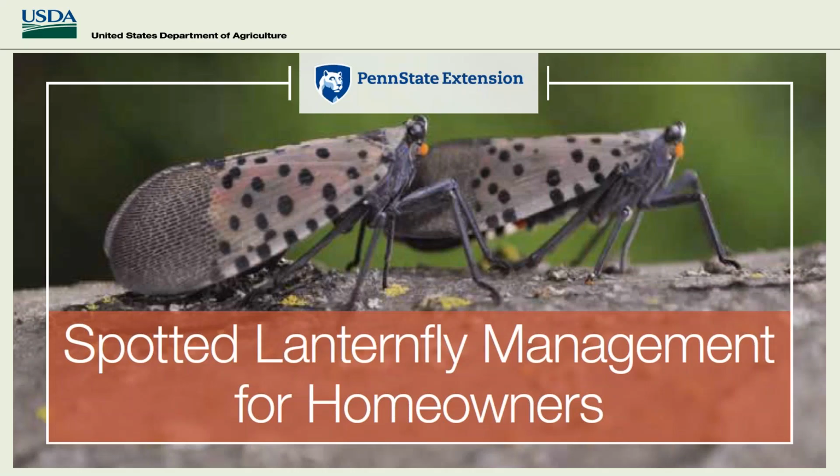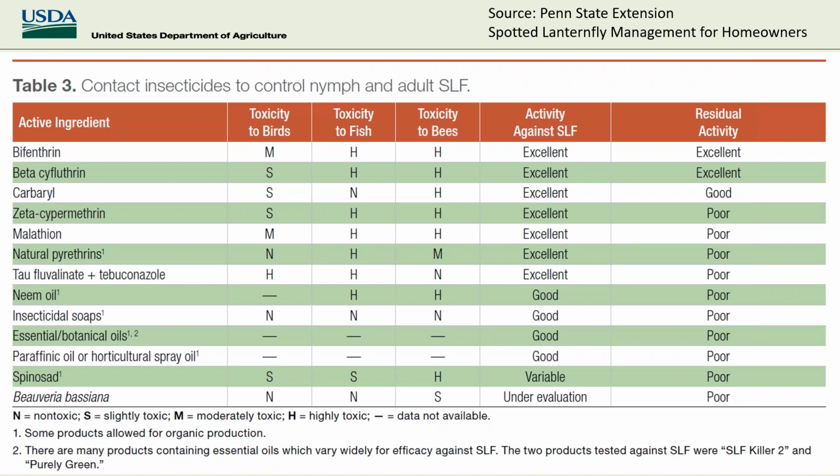Okay, for the last few minutes here, I want to show a little bit more of what other people are doing. Penn State Extension has a number of excellent publications for homeowners and also the ag industry. This is a table within their homeowner guide, looking at different products as far as residual activity, and also activity against nymphs and adults.